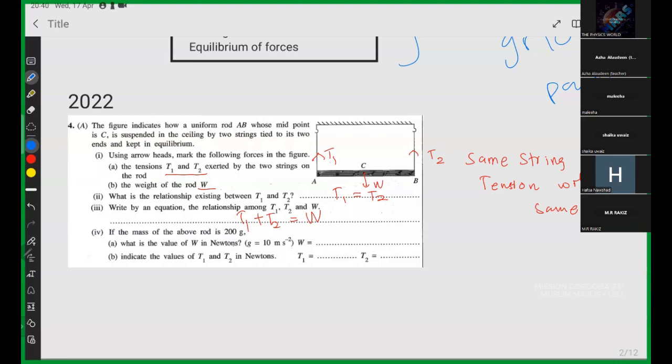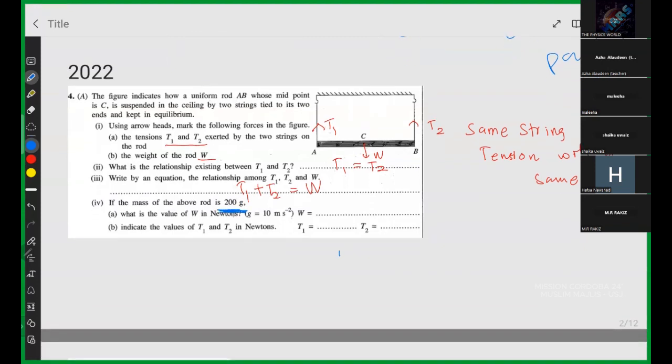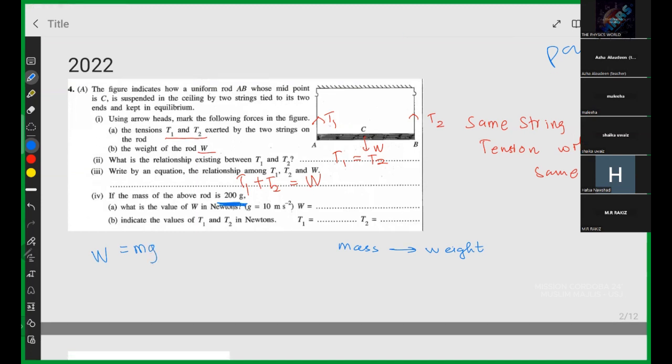Next, the mass of the person is 200 grams. How are you going to convert the mass to weight? When you want to convert the mass to weight, we know F equals MA. F is the weight. Weight equals mg, where g is 10. So we need to find the weight.